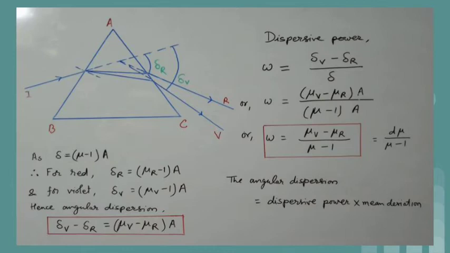Now the dispersive power. The dispersive power of a prism is the ratio of angular dispersion to the mean deviation produced by the prism. It is represented by omega.